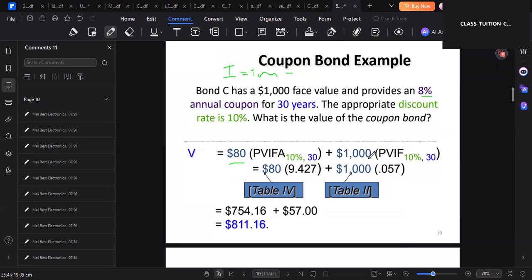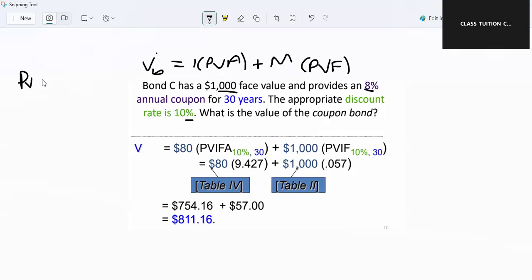Then we go to the maturity value. Now the KD here is the market rate, 10% for 30 years. You can still calculate it. How do we calculate that? The present value interest factor is what you start with. So present value factor is simply equal to 1 over 1 plus R to the power of time.